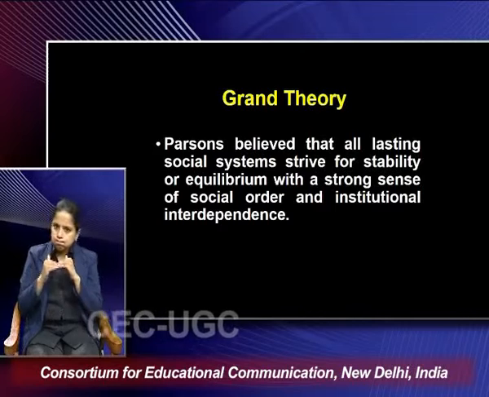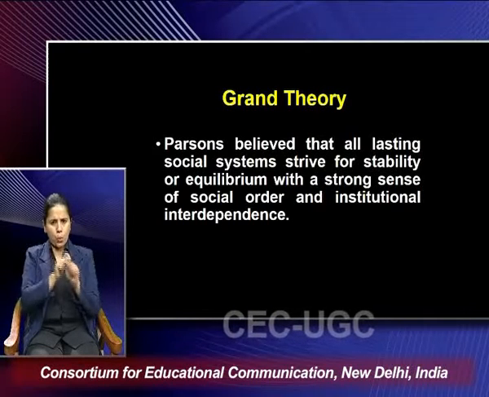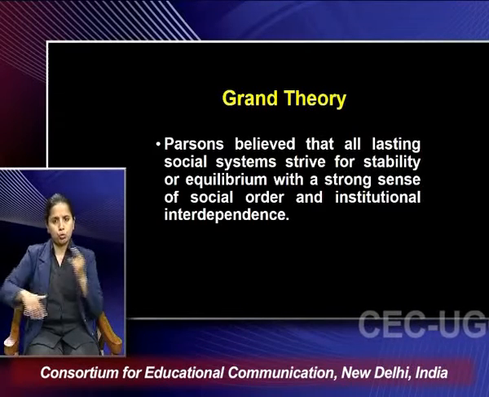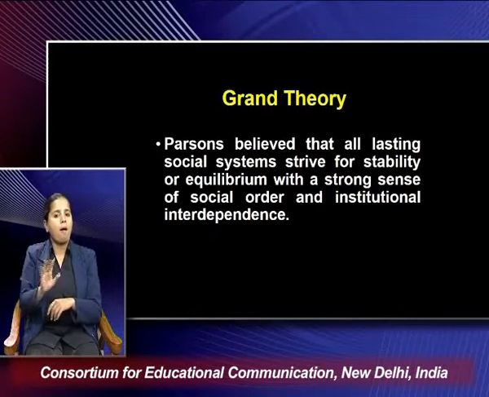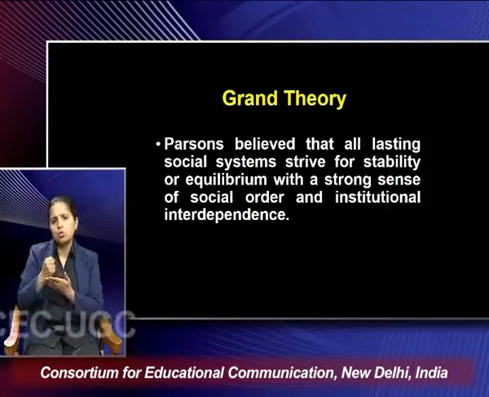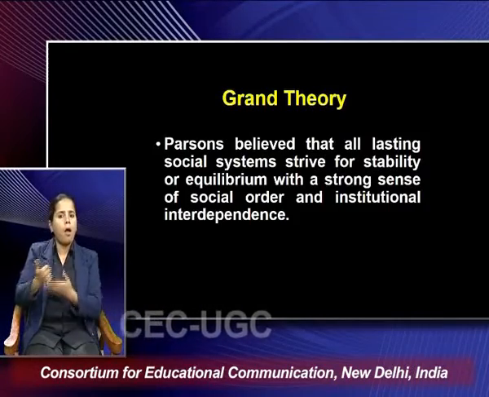So if we look into functionalism as an approach in sociology, functionalism was trying to make us understand that the entire whole can be divided into different parts, and each part plays an important role in maintaining the equilibrium of the whole.